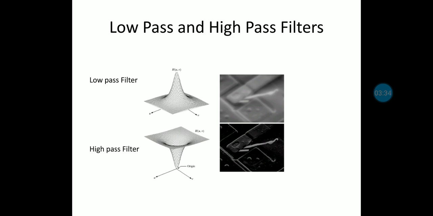In the previous class, we have covered the content related to low pass and high pass filters. The figure represents how the IC will look after low pass filtering and after high pass filtering. As we can see from the picture, the original IC which was damaged, and we had seen its Fourier spectrum, isn't it?